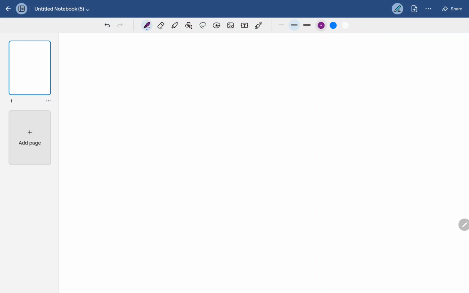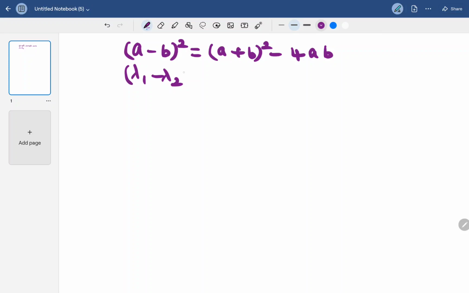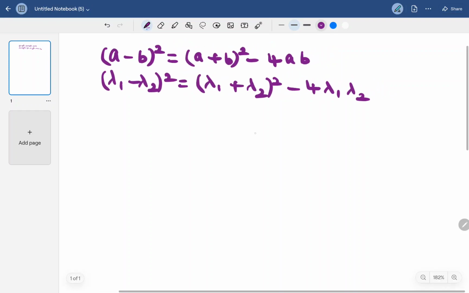We know from the algebraic formula we can write (a minus b) whole square is equivalent to (a plus b) whole square minus 4 times ab. Here, (lambda 1 minus lambda 2) whole square can be written as (lambda 1 plus lambda 2) whole square minus 4 times lambda 1 lambda 2.